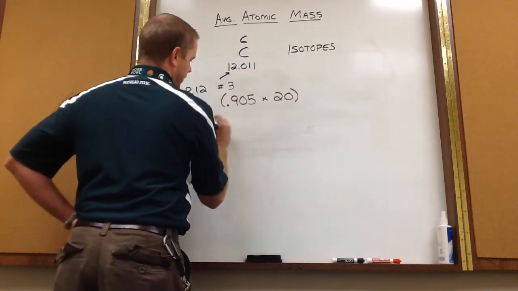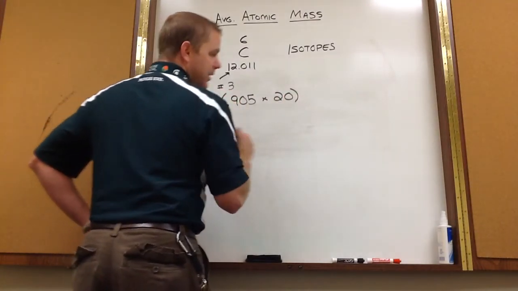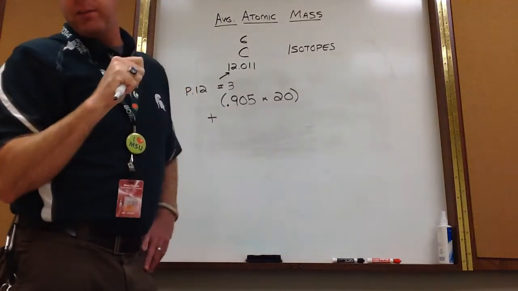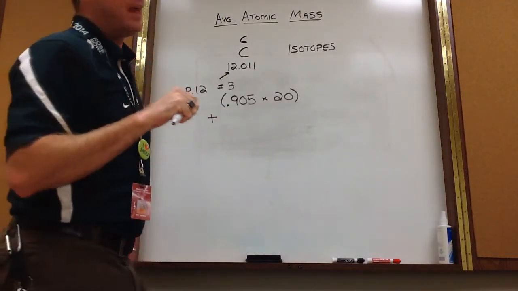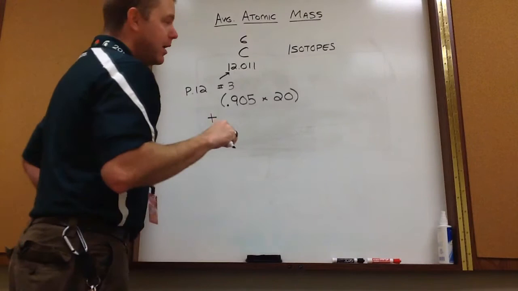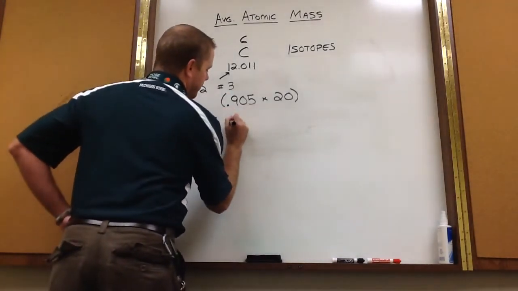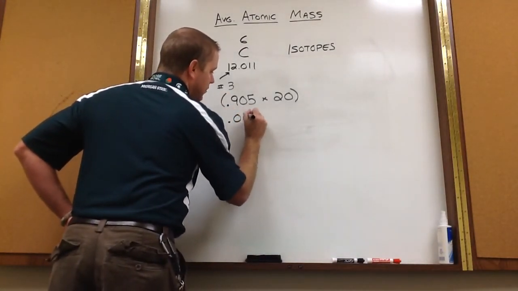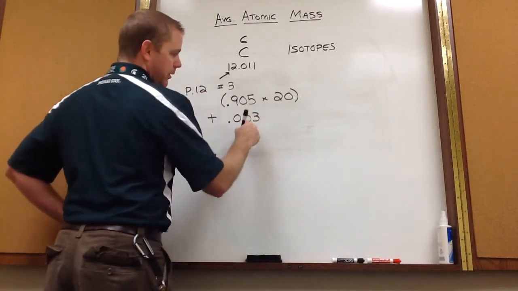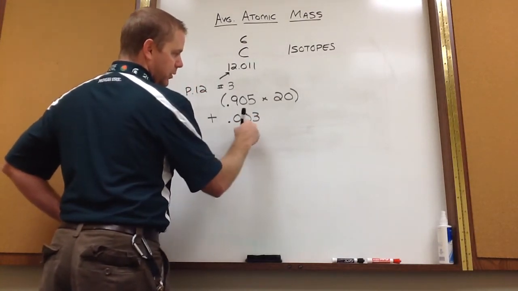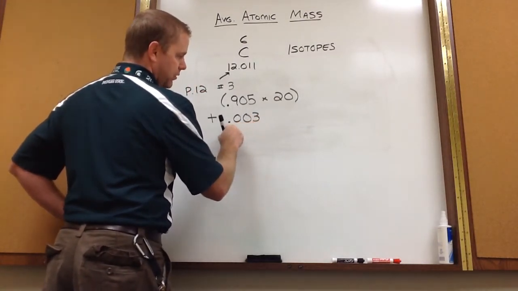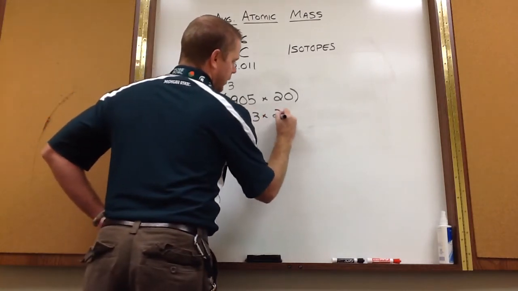Again, in parentheses, plus. The next thing is 0.3%. That's a tricky decimal, isn't it? Because 0.3% becomes 0.003 as a decimal. It moves two places to the left. And that's version 21.